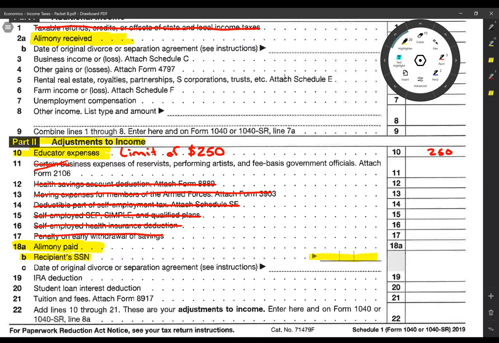Did they record it? And if not, someone made a mistake. But putting in that if this person wants the deduction, they're going to need to give out that information. Okay. And date of original divorce or separation. I guess I'll throw that in there, right? And you just write that. That's all you have to do.